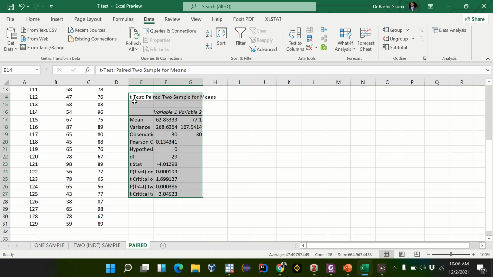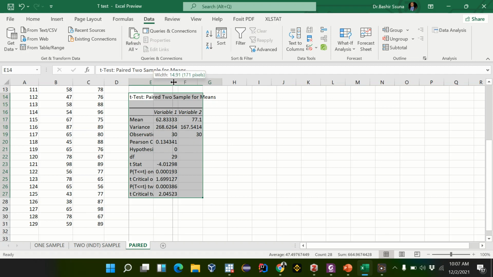So this is the t-test for paired sample. We got the mean for group 1 as 62.8 and group 2 as 77.1. The variance here is 268 and here 170. Observations are all 30.